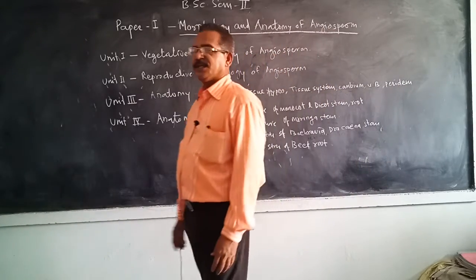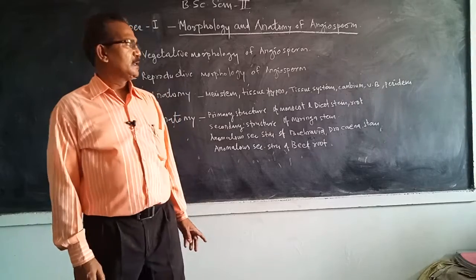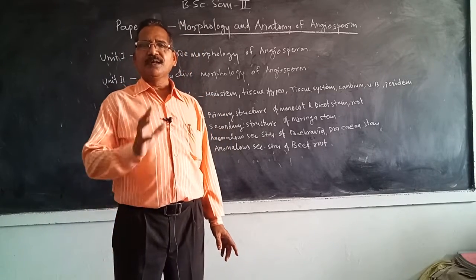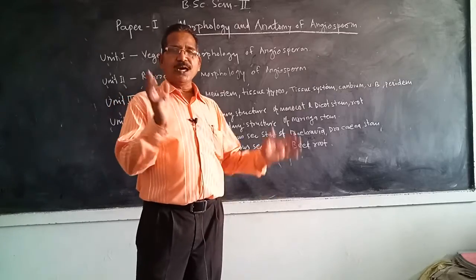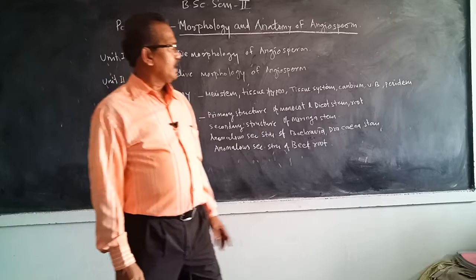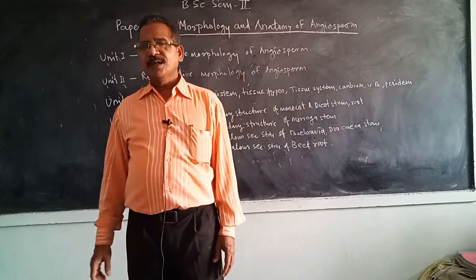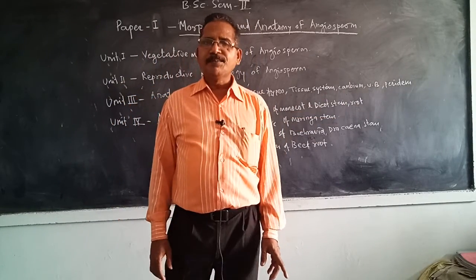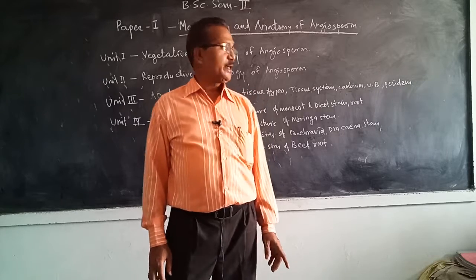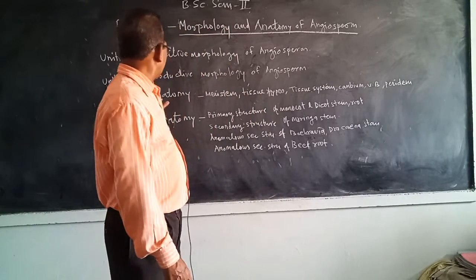Periderm is formed by the secondary cambium and it helps in the growth of the stem in diameter. The periderm includes phellem, phellogen and secondary cortex. This is included in the third unit.